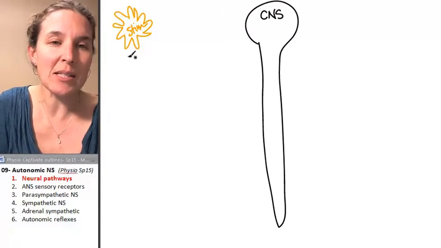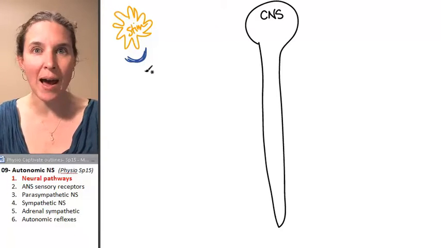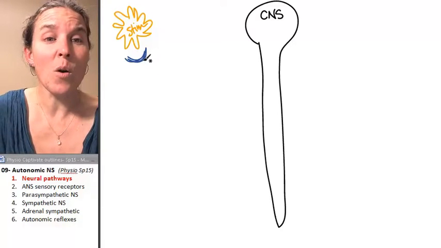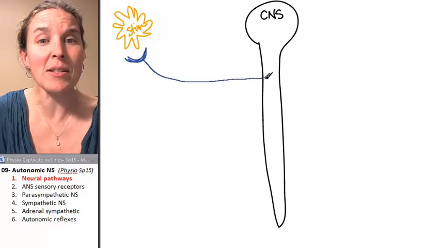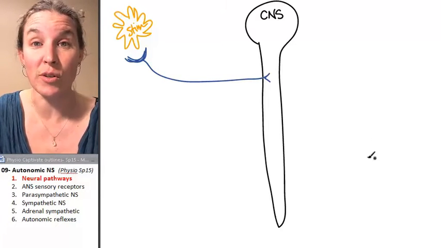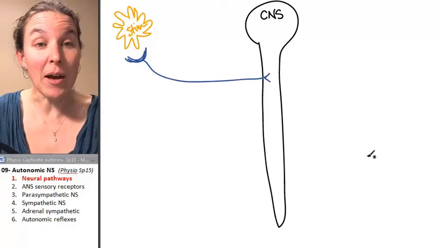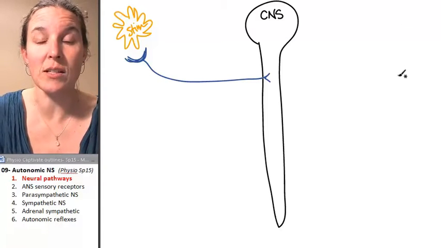So there has to be some kind of sensory receptor, and that sensory receptor either is an afferent neuron or is attached to an afferent neuron, but somehow sends the message into the central nervous system via an action potential. So somehow the stimulus gets translated into an action potential that gets sent to the central nervous system.